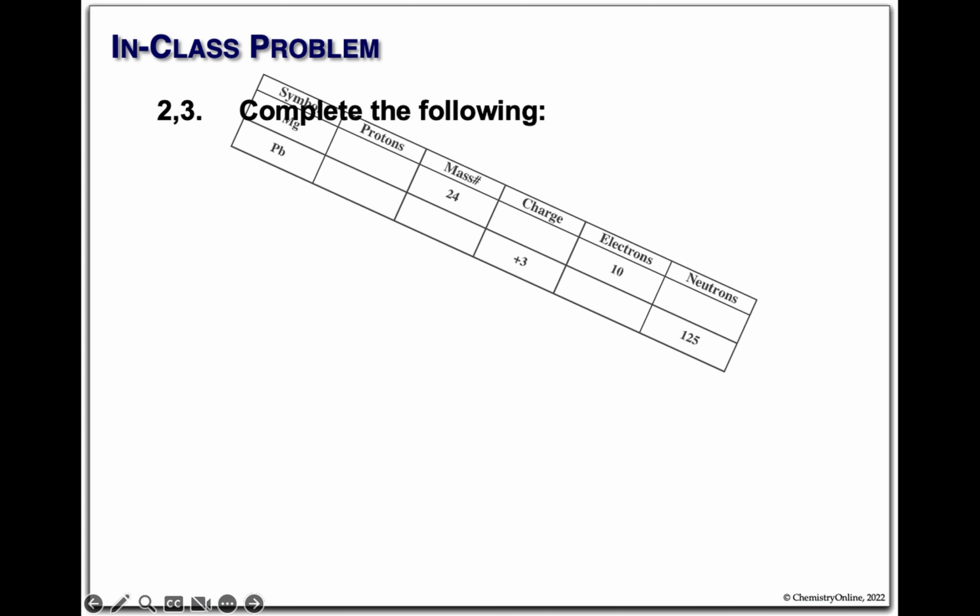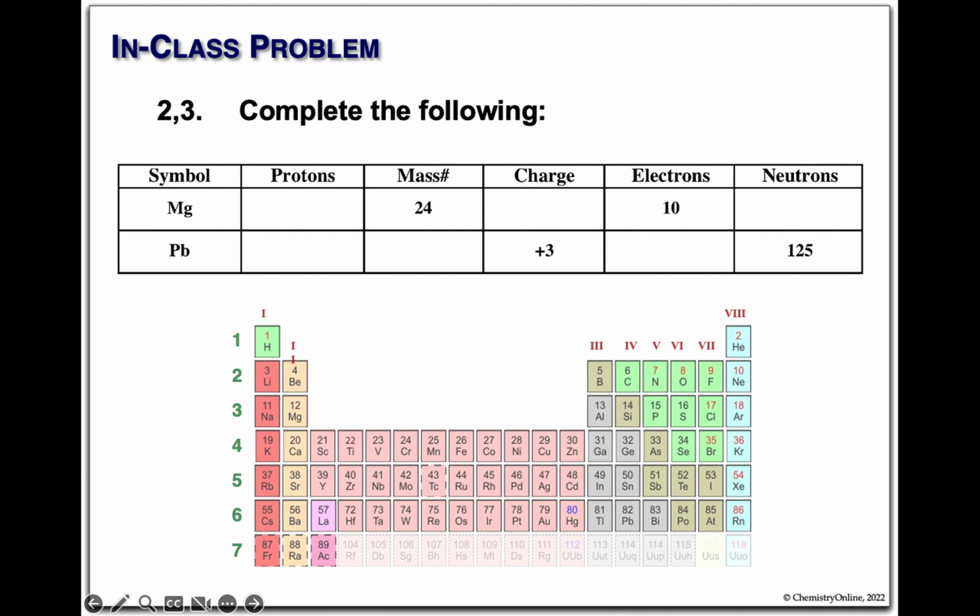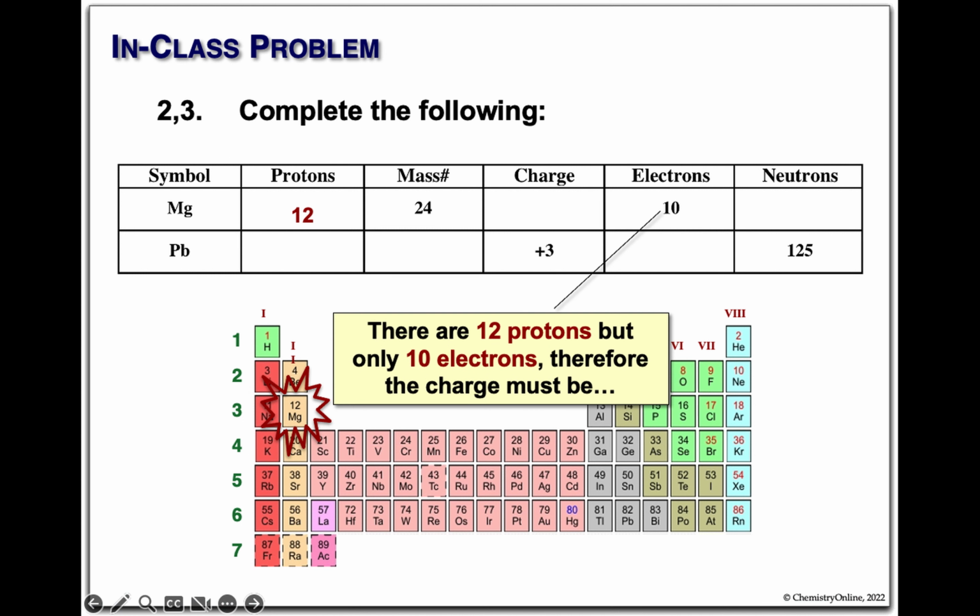All right, simple table. Again, just like the tutorial. We need protons, charge, and neutrons for magnesium. We start off by trying to find magnesium on the periodic table, and there it is. The atomic number is 12. Remember, the atomic number is the number of protons. Now, for the charge, we have 10 electrons, that's given.